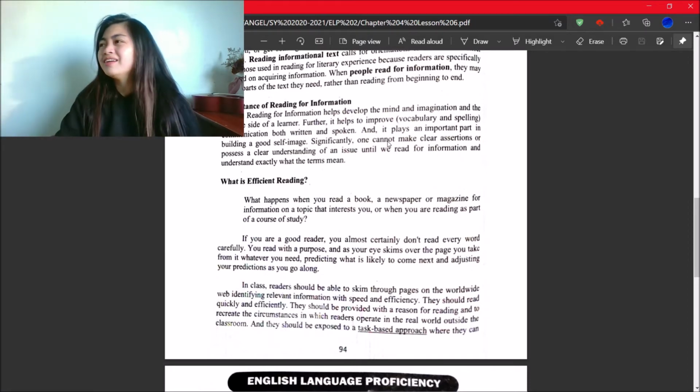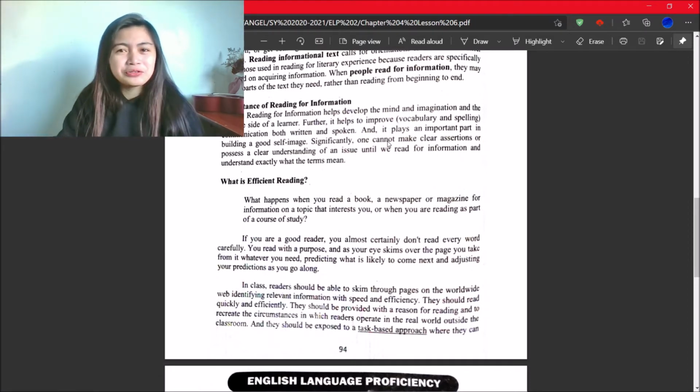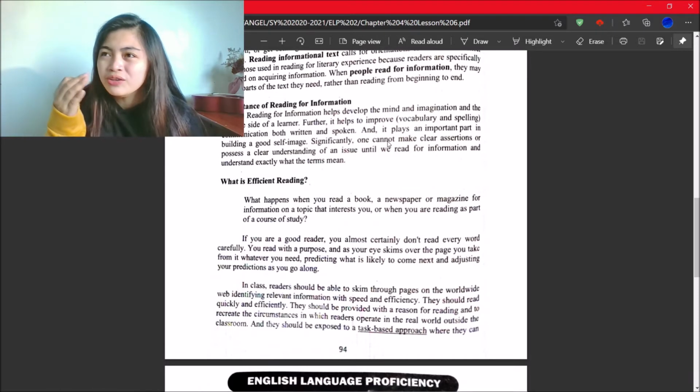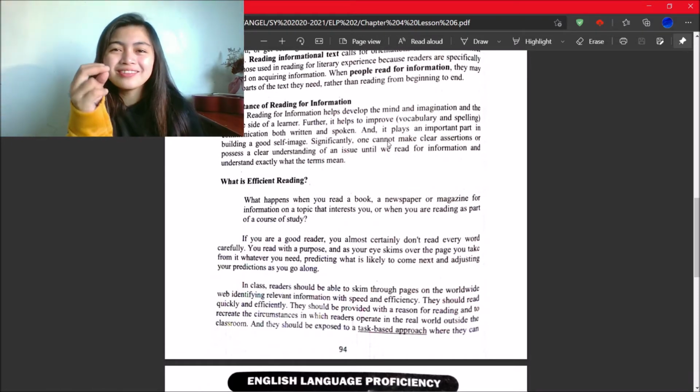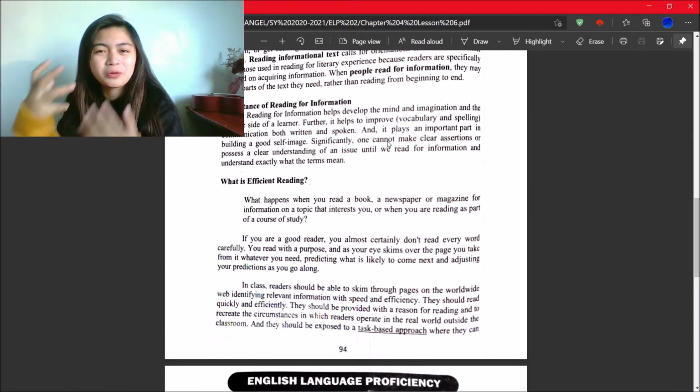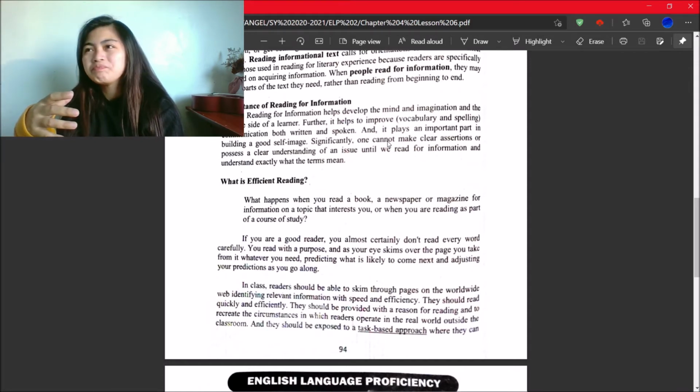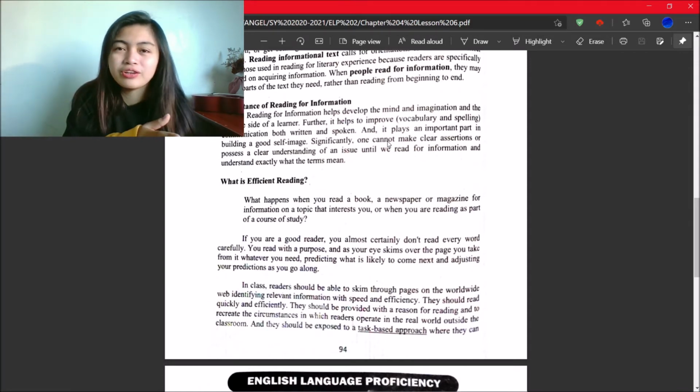Kasi ngayon, my students, pag nababasa ko yung mga outputs nyo and naririnig ko kayong the way you speak, the way you present your speeches, I realize na, wow, the students now, they acquire more skills, more knowledge compared to our generation.